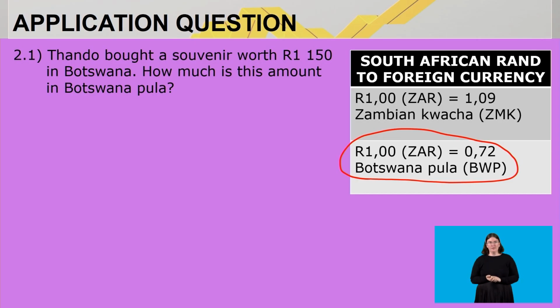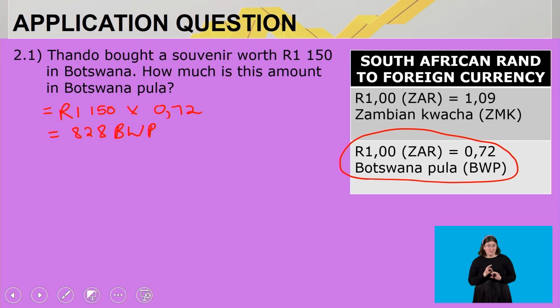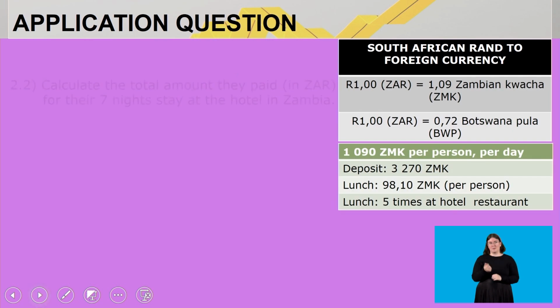Okay, so therefore I'll then say 1,150 multiply by 0.72. That will give me then, right, equals to 828 Botswana pula, BWP. Guys, are we fine with that? That's our first question. We converted basically from South African rand into Botswana pula.